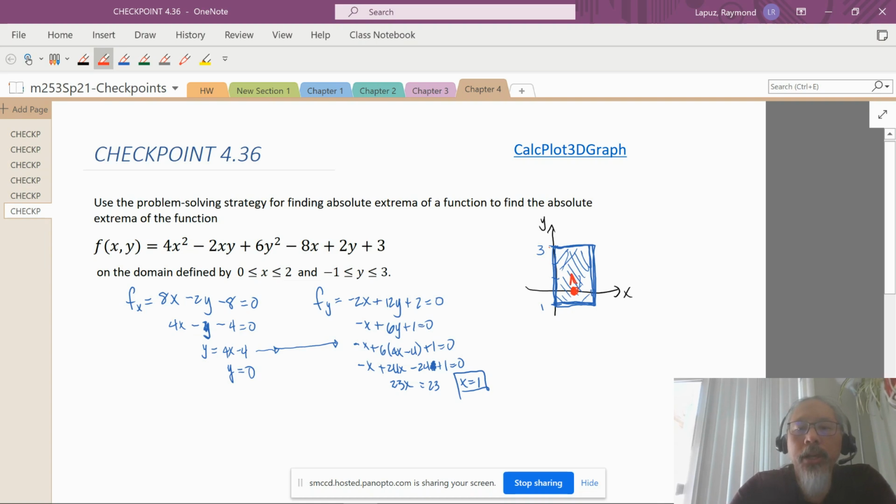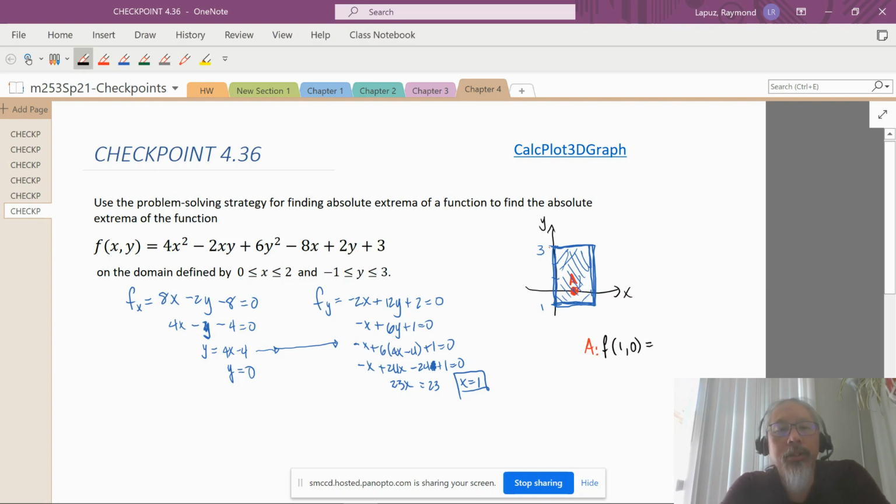Let's call this point A. For point A, we have (1, 0), and we want to know what the function value is.